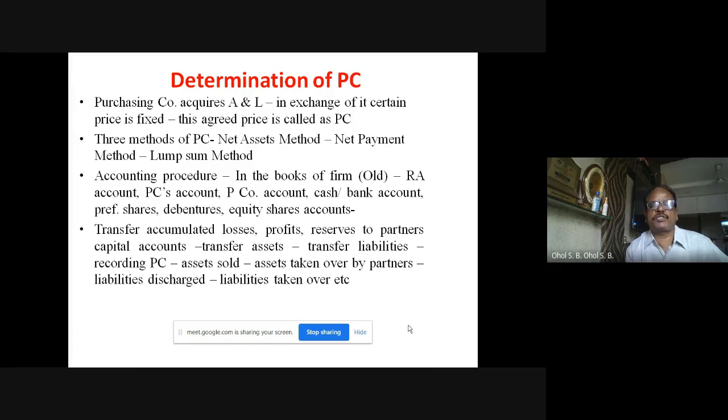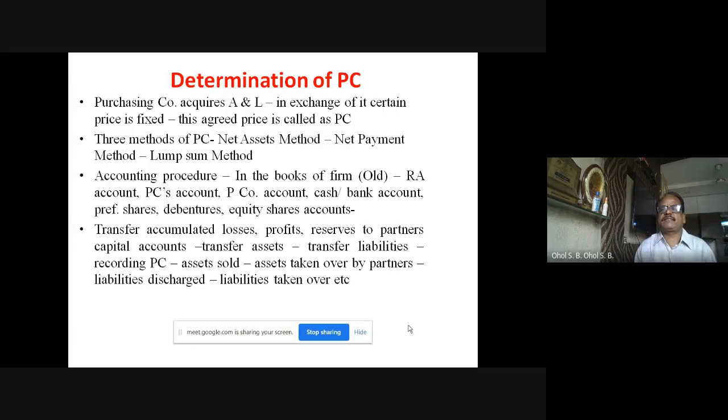Then the accounting procedure. When the partnership firm is to be converted into a limited company, in the books of the old partnership firm, the accounting procedure is opening of realization account, then partners capital account, partners current account, then purchasing company account, cash or bank account, preference shares, debentures, equity shares account.